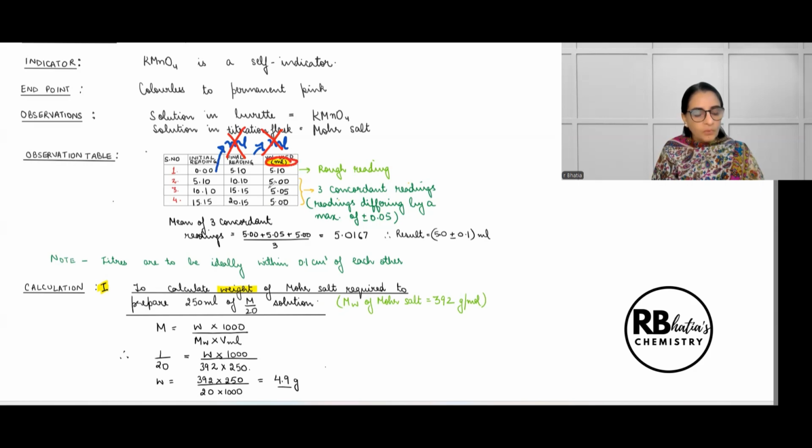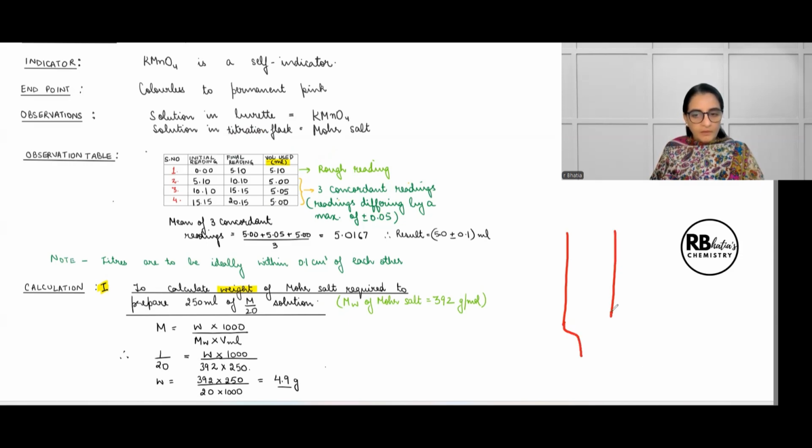ml is to be written only in the 3rd column, because what really happens when you are using a burette? Now, this is a very common viva question as well. When you pour KMnO4 into a burette, right?